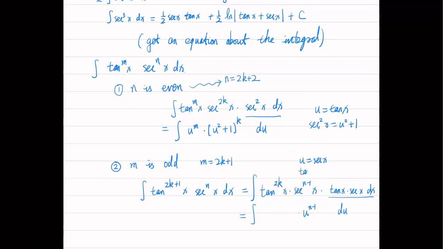What's tangent square? Tangent square is secant square minus 1, right? And we know u is secant. This will be u square minus 1.